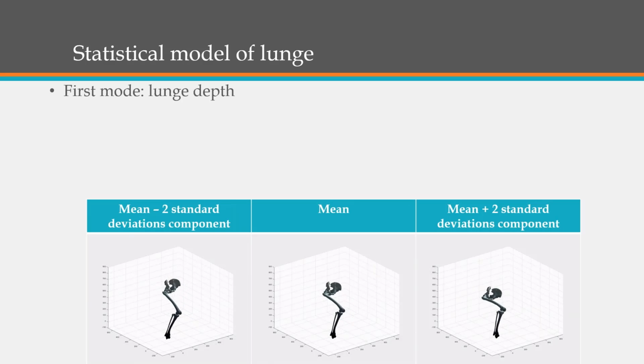The building of a statistical model allows us to find out which clustered variation in the motion of our subjects is available. The first mode in the lunge specifically showed us that it was mainly the depth of the lunging gesture itself that described most of the variation in our statistical kinetical model.